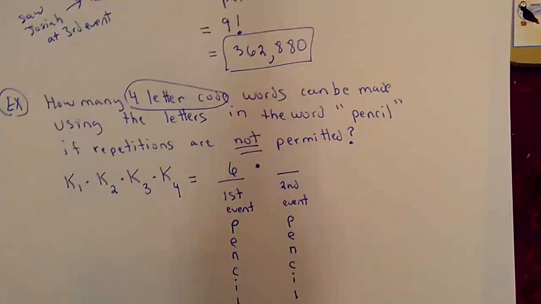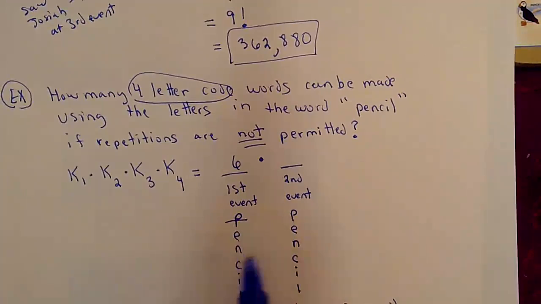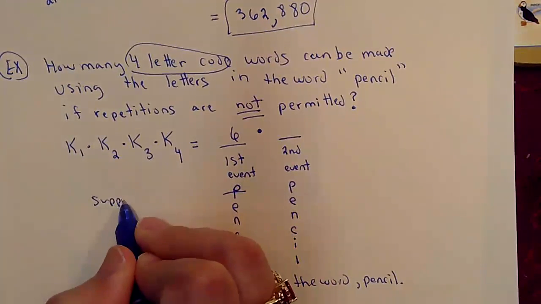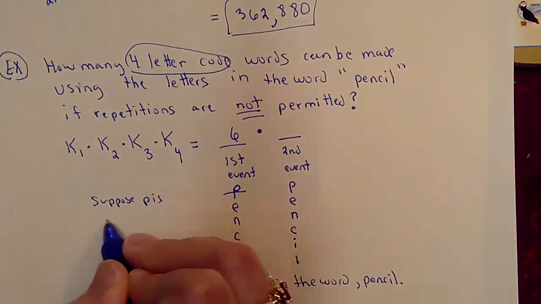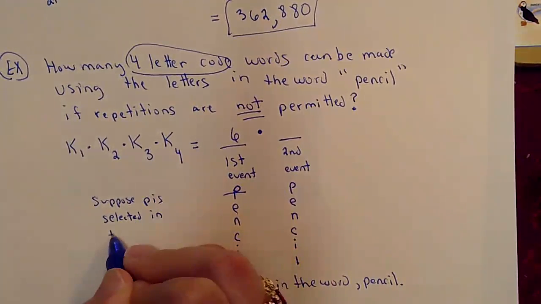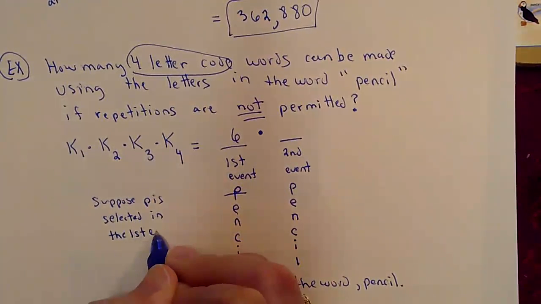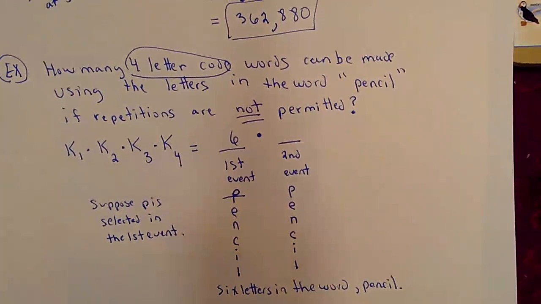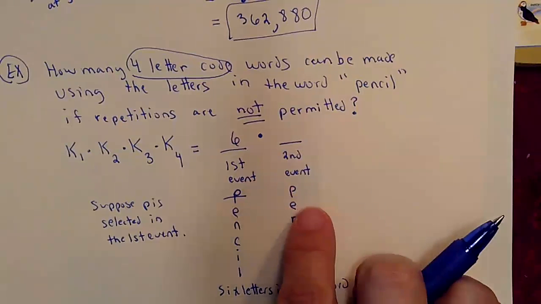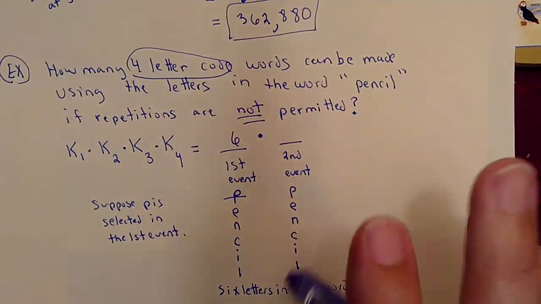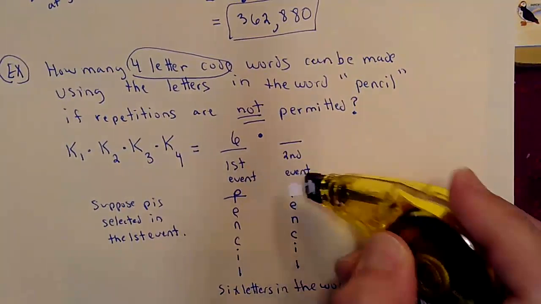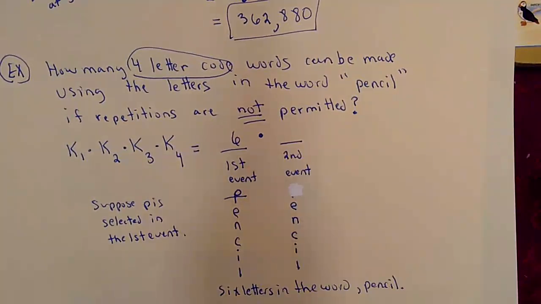So let's just suppose P is selected in the first event, but you're not allowed to use it again. It's not going to be repeated. So now what do you have left over? Oh, so then here I shouldn't have, pardon me, I shouldn't have P there. I should start with ENCIL.